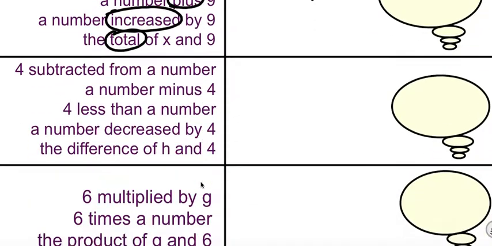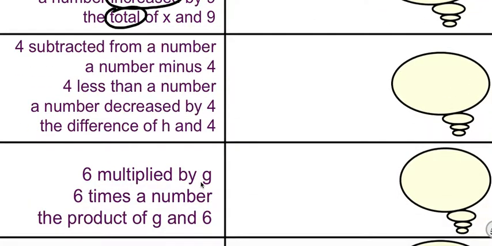If I look here, I have 4 subtracted from a number. Now, this is always tricky. In order to take 4 away from something, I need to know what something is first. So I need to know, well, what is this number? And since I don't know, I start with n, or x, or a, or r.